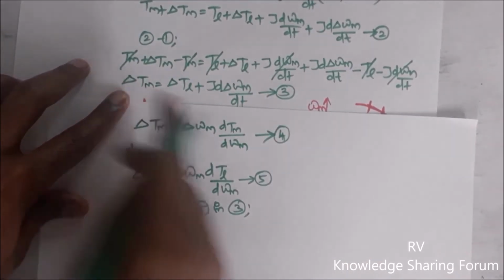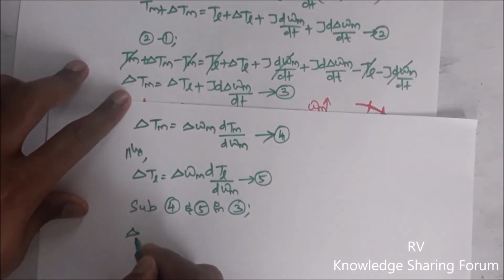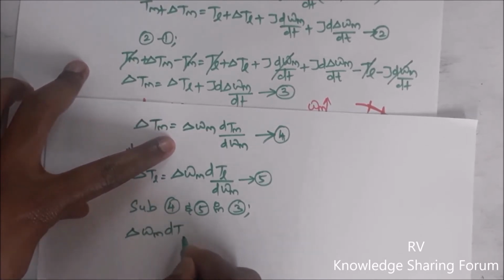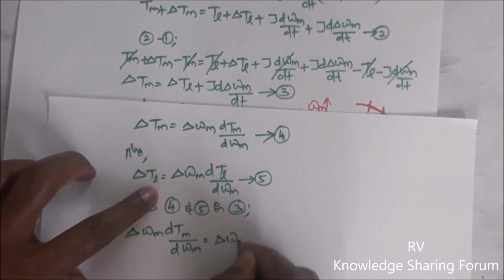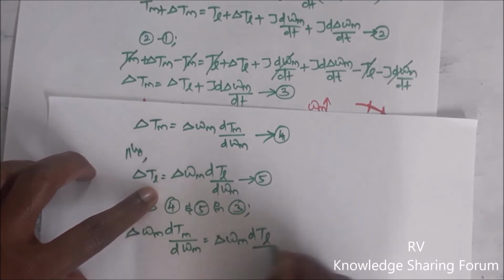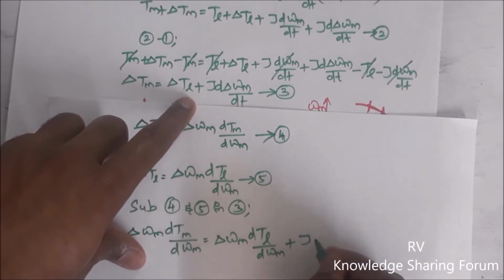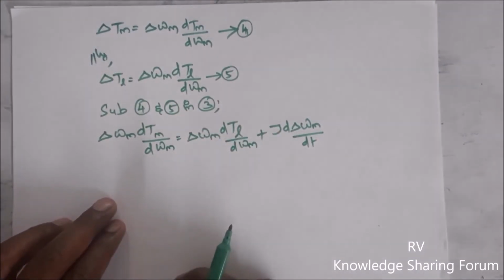Instead of delta Tm, you substitute equation 4: delta omega m into dTm by d omega m, which is equal to, instead of delta TL, you substitute equation 5: delta omega m into dTL by d omega m plus J d delta omega m by dt. So after substituting equations 4 and 5 in 3, we are getting this expression.